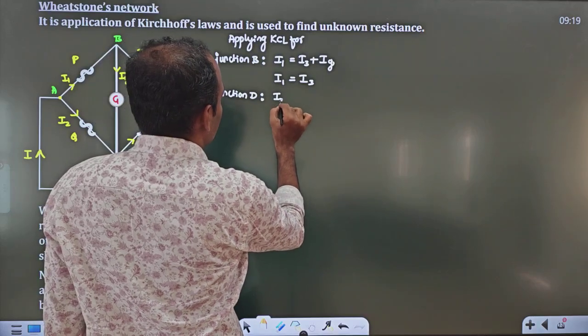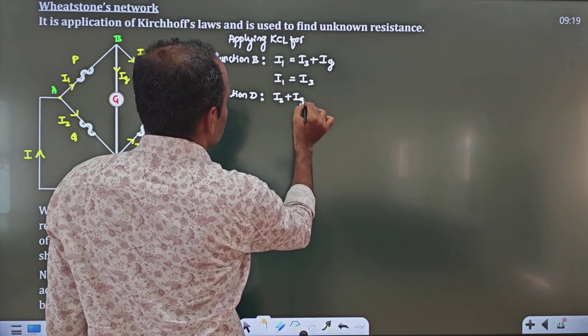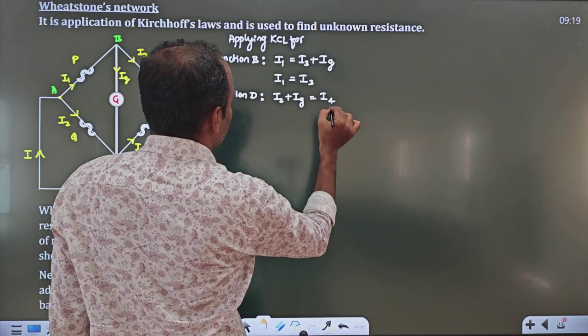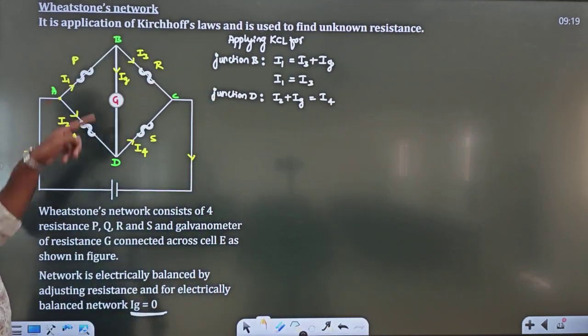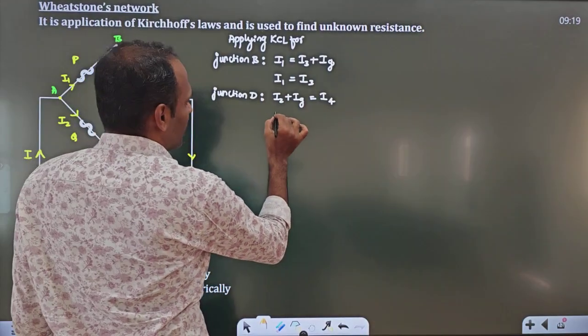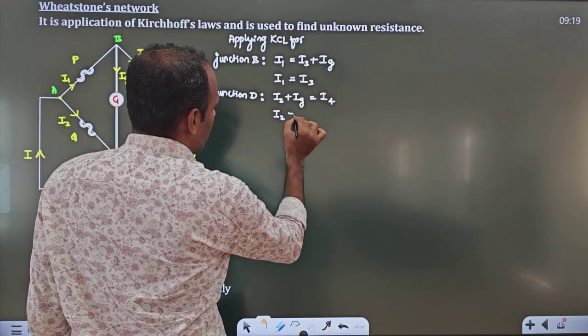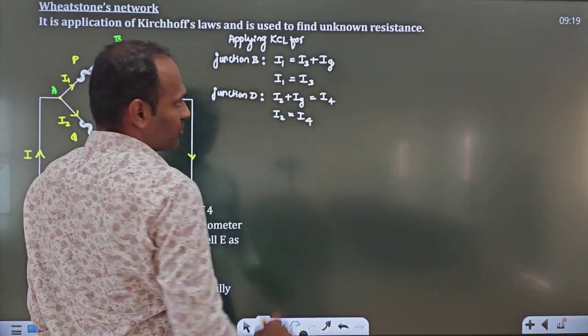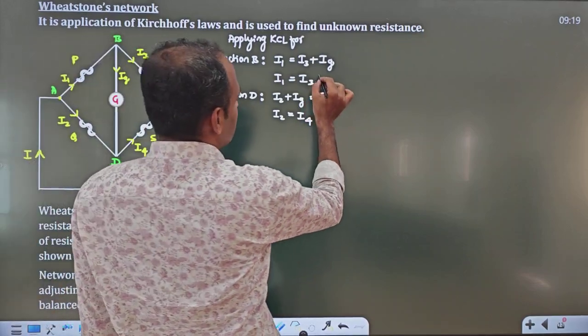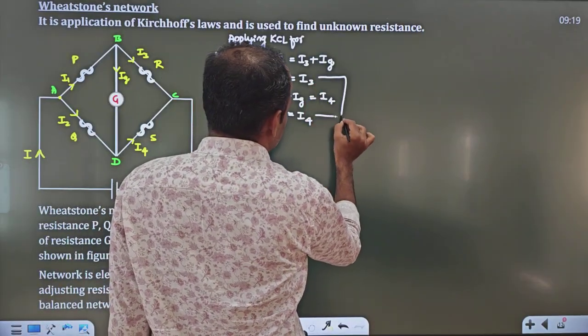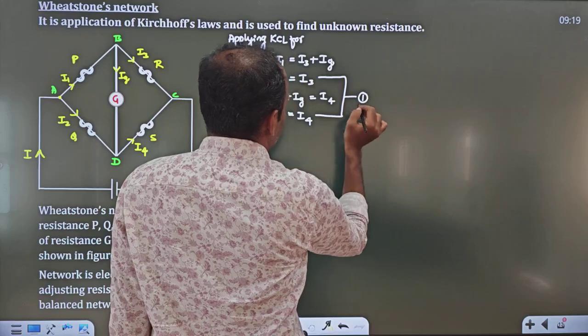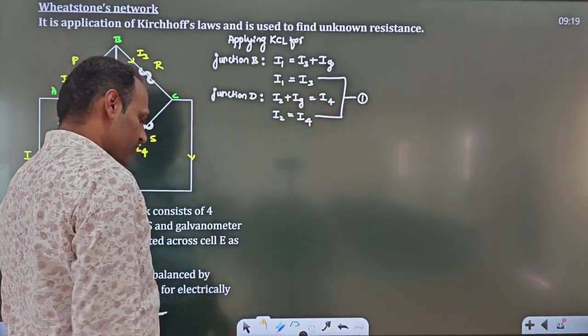So I2 plus IG is equal to I4. Since IG is 0, I will write it as I2 is equal to I4. These both together, I will write as equation number 1.